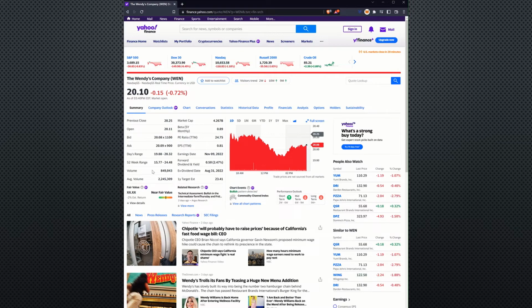All right. Going back to the chart here, it's red because, as you can tell, it opened up this morning really high, and it looks like we have lost a few cents, so that's why this chart is red. If the stock was actually increasing, that would be a green chart.